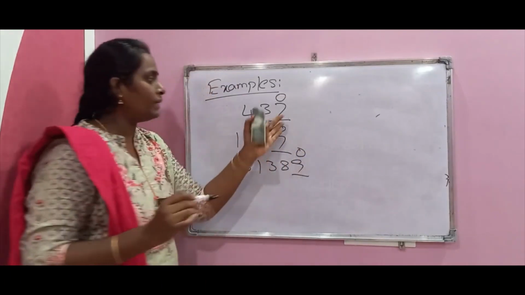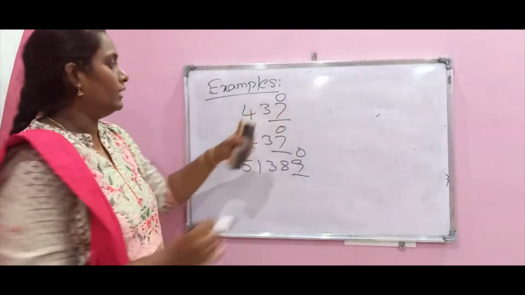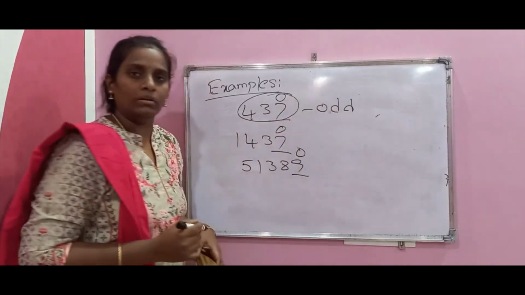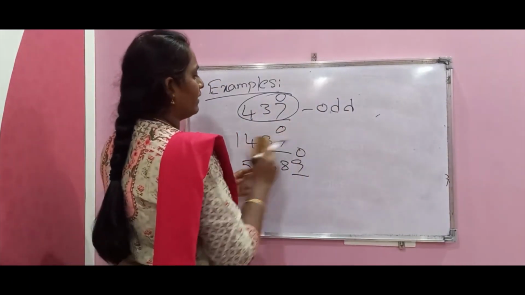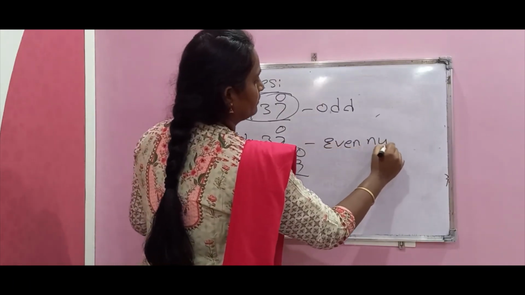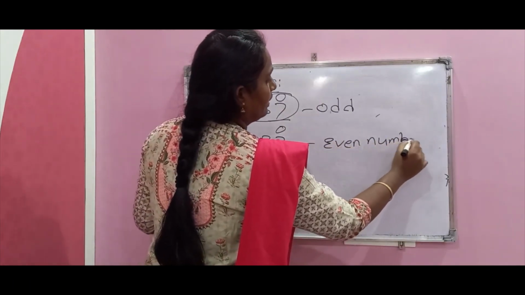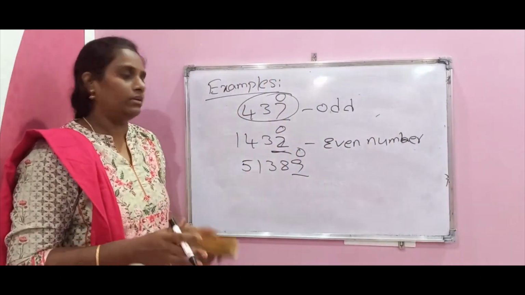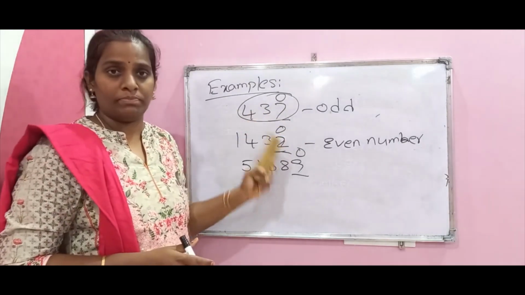If the ones place is odd, the entire number is odd. If the ones place is even, the entire number is even. If it is a 5-digit, 6-digit, any digit number, you have to check only the ones place. Remember it.